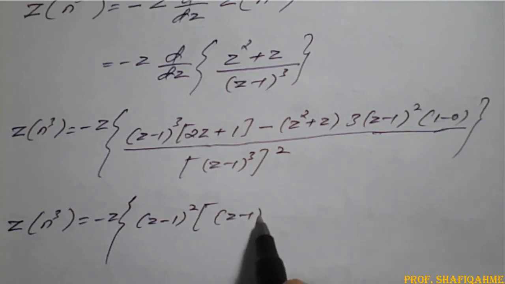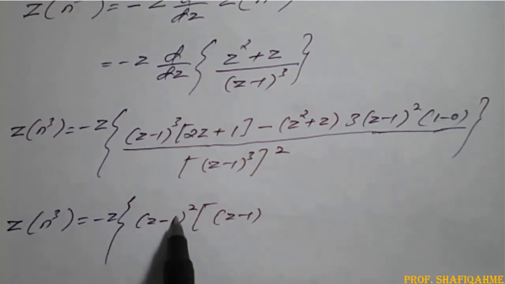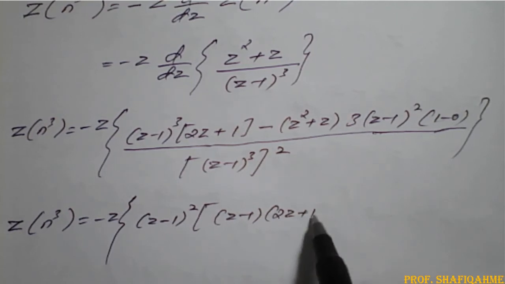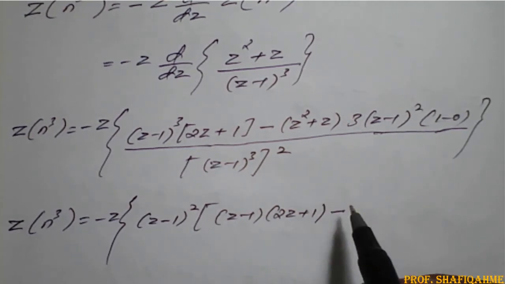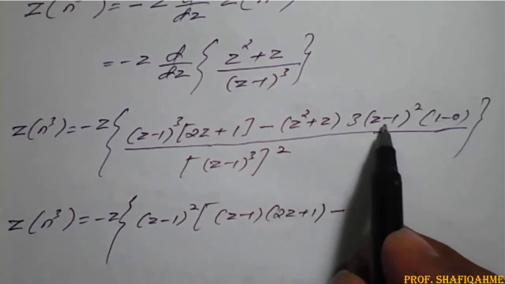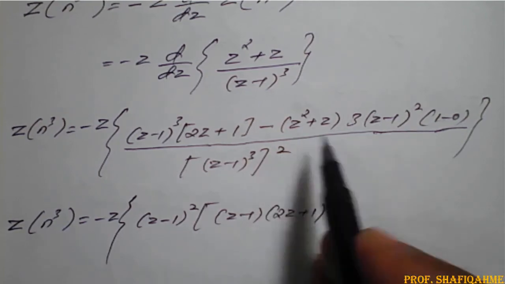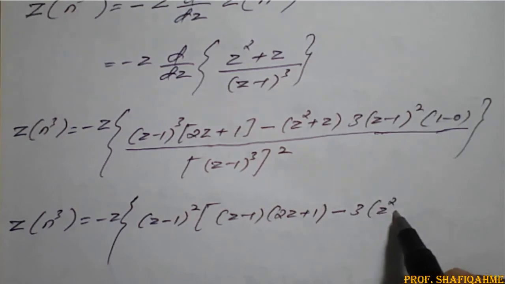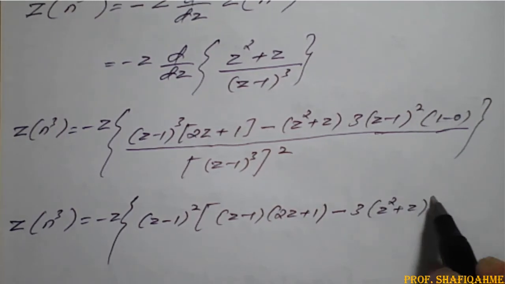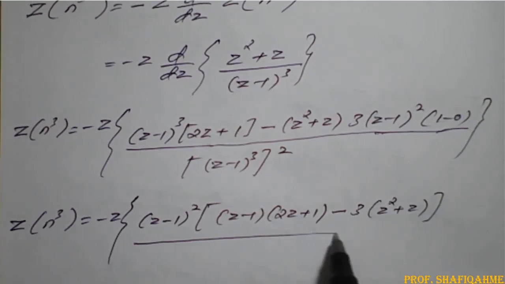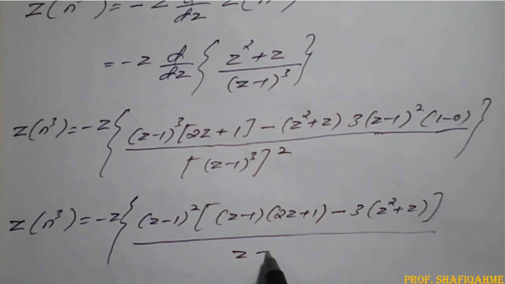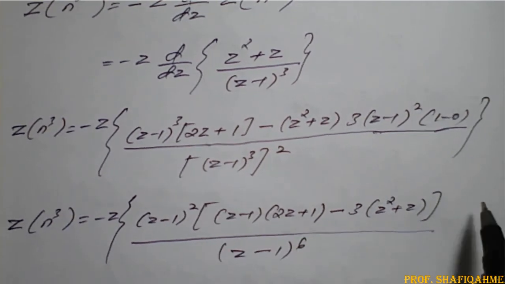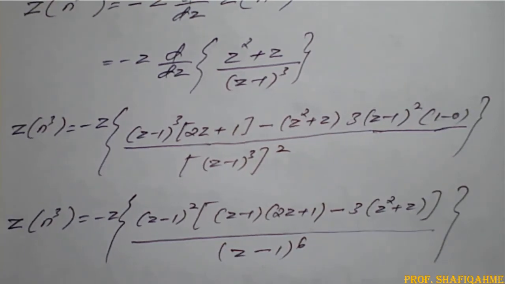So z minus 1, 3 times I have taken 2 terms out, 1 time is left, and already we have 2z plus 1 inside, minus, among this z minus 1 whole square already taken out. What is left here, 3 times z square plus z is left here. So whole divided by z minus 1, 3 2s are 6 here is left.